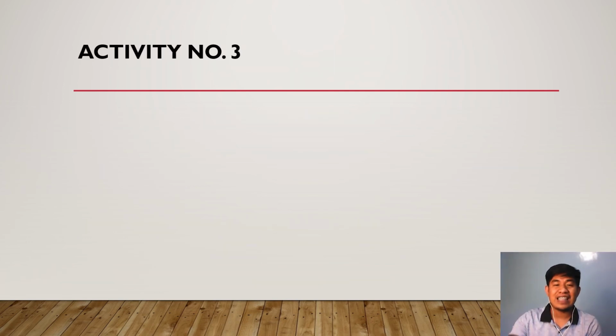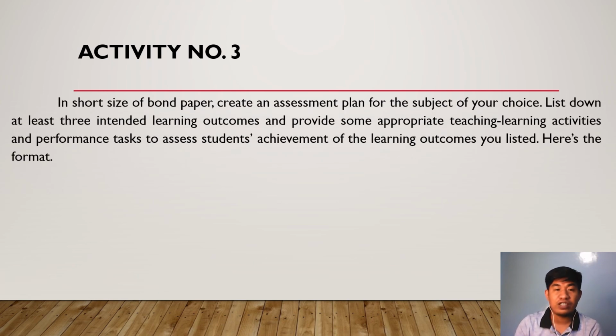So class, that ends our discussion for today. And for your third activity, in a short size of bond paper, create an assessment plan for the subject of your choice. List down at least three intended learning outcomes and provide some appropriate teaching learning activities and performance tasks to assess students' achievement of the learning outcomes you listed.